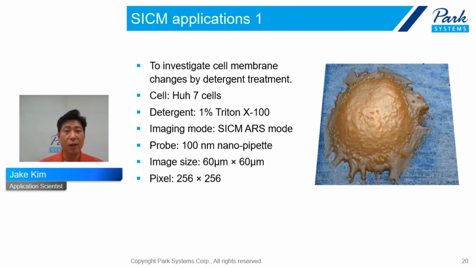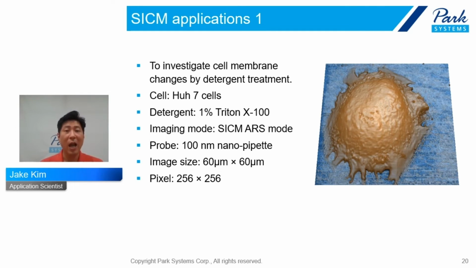Next, let me introduce some interesting applications in terms of physiological imaging by SICM. In this experiment, we prepared the Q7 cell, which is a human liver cell line, and the main goal of this application is to investigate the cell membrane changes by detergent treatment.